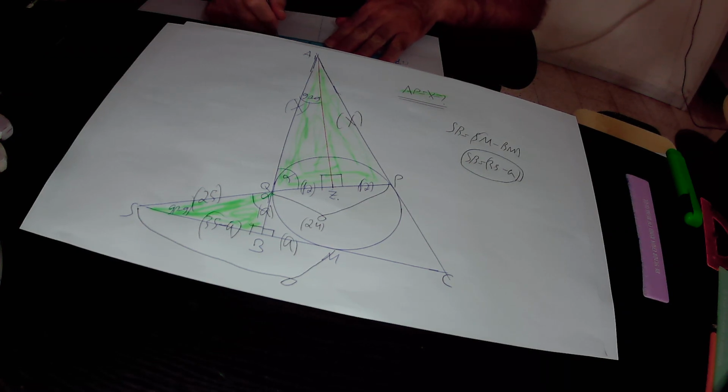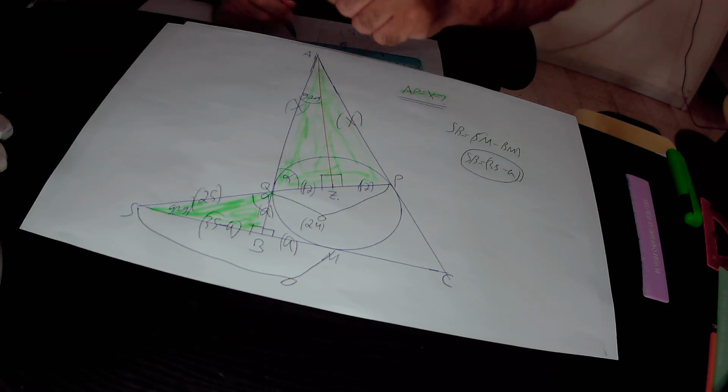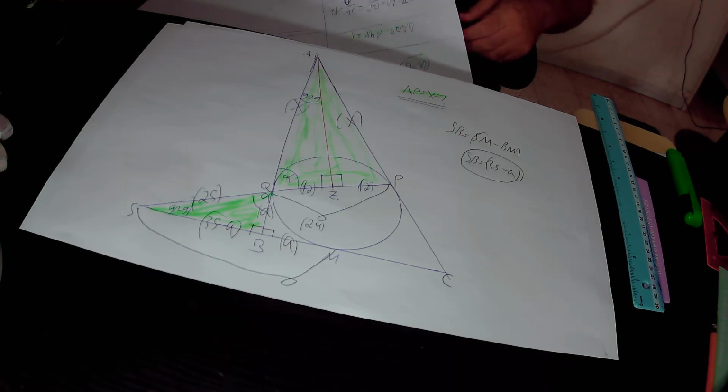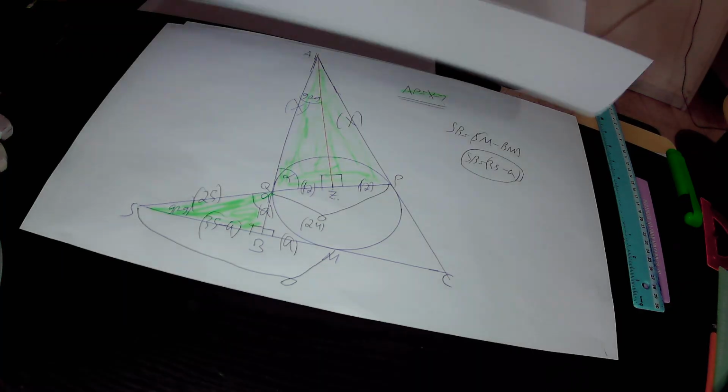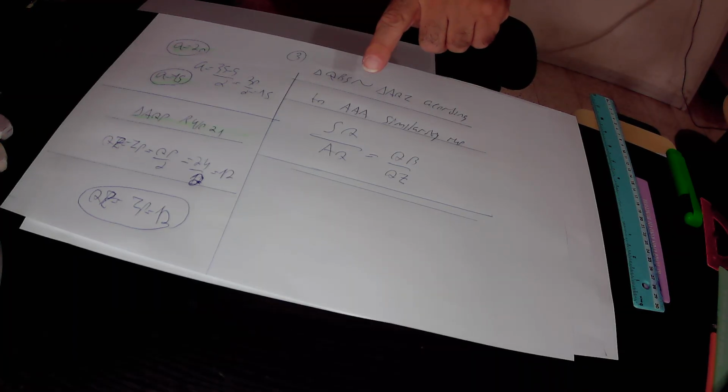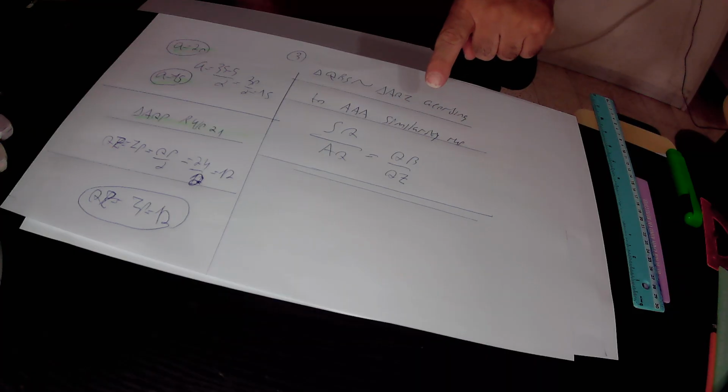And again, from the fact that those two right triangles are similar to each other, we derive that the following relationship exists between their sides. We derive that side SQ of the right small triangle SBQ over side AQ of the big right triangle AQZ is equal to side QB of the small right triangle SBQ over side QZ of the big right triangle AQZ.